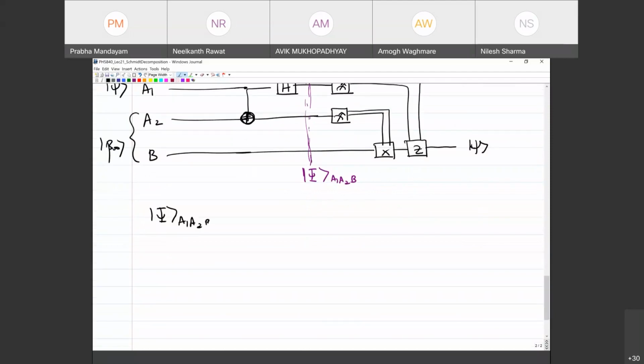So this joint tripartite state had this form, right? It was half, and then you had 0, 0 on A1, A2, tensor alpha 0 plus beta 1 on B plus 1, 1. Let me go in sequence.